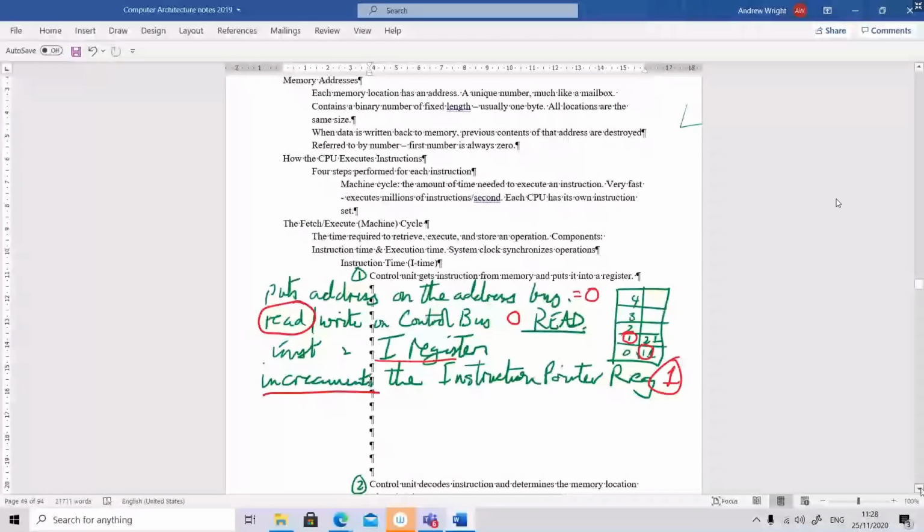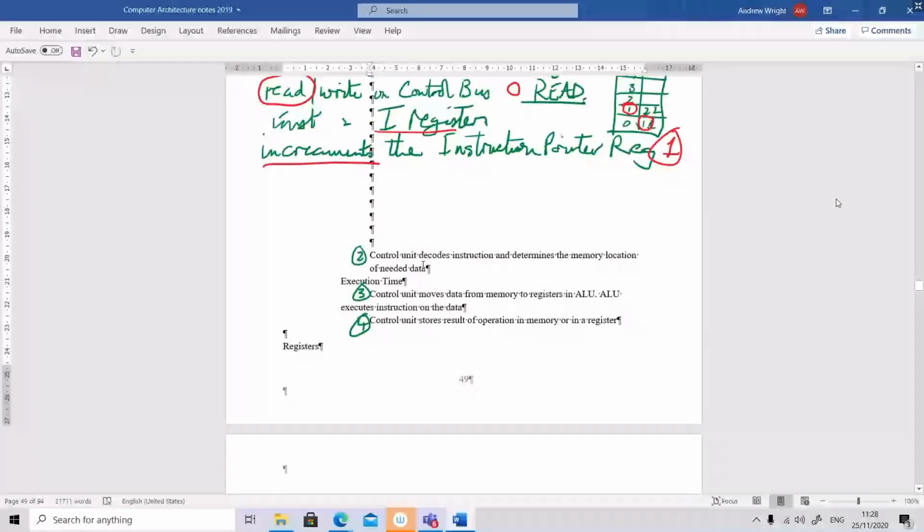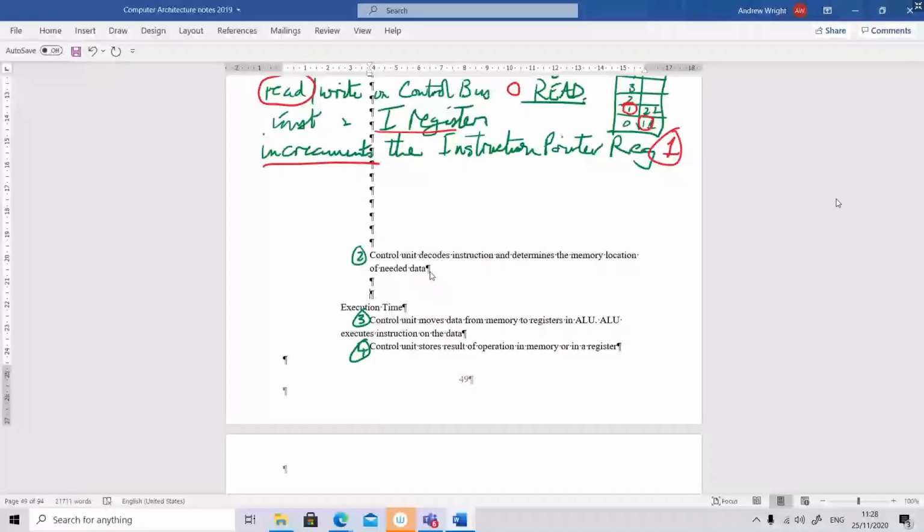The next thing it does is decode that instruction. It finds out what it was and determines the memory location of the needed data. So the instruction time is preparing: you bring in the instruction, and then you find out what exactly you need to do for the instruction.